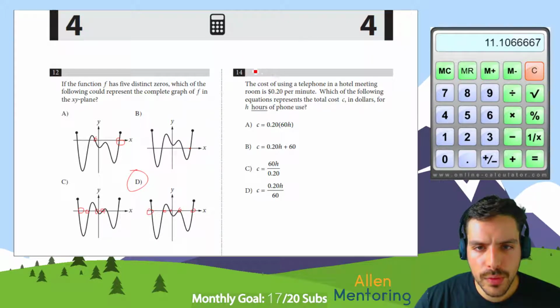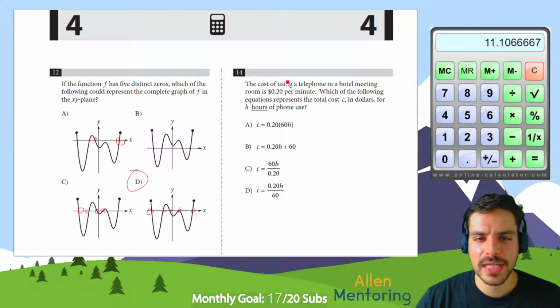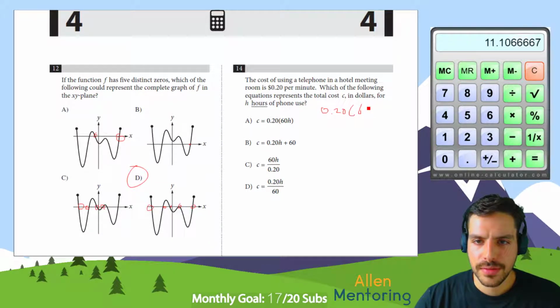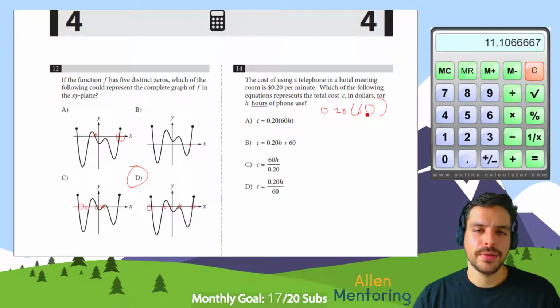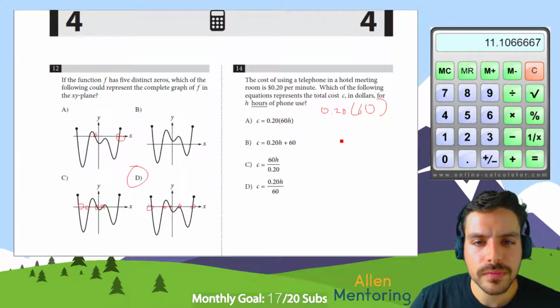Well, we know if it's 20 cents per minute, then in order to find out how many dollars per hour, we would just do 0.20 times 60. Okay, because 20 cents per minute times 60 minutes will get you how many dollars per hour.